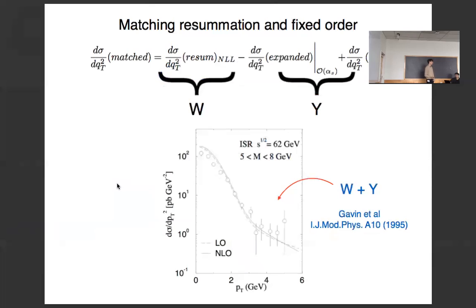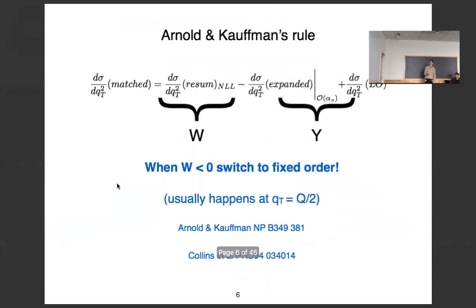But here comes an issue, because at some point W+Y shouldn't be the most precise thing to do. We should do fixed order. I say this because I'm applying a rule which I like to call the Arnold Kotzinian rule, from this famous paper.